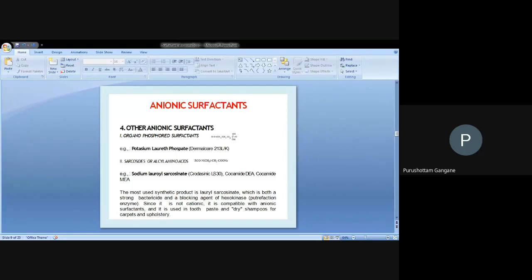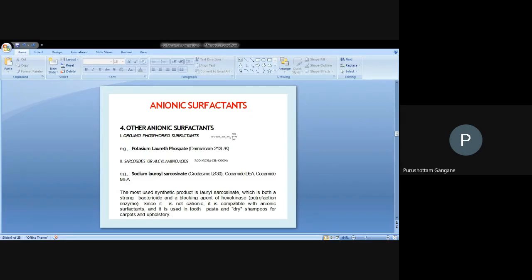Other anionic surfactants include organophosphor surfactants, for example potassium lauryl phosphate, then sarcosides or acyl amino acids, such as sodium lauryl sarcosinate. These are the different types of other anionic surfactants. They are not as popular as sodium lauryl sulfate, but they are also used in different cosmetics depending on the need.